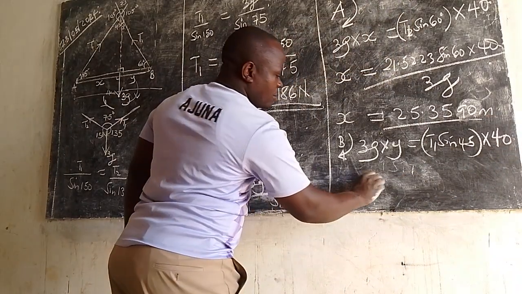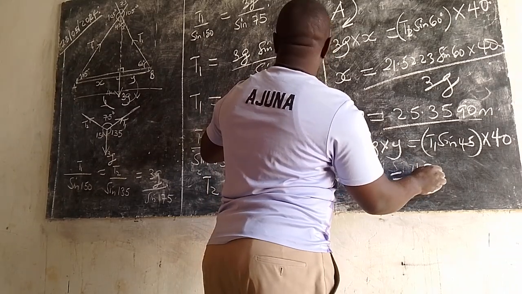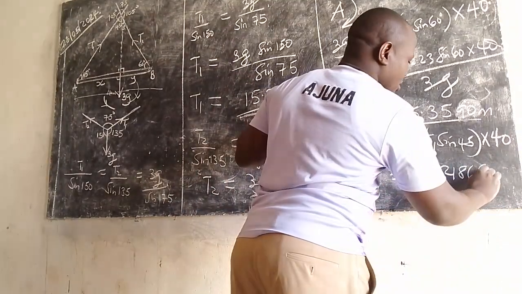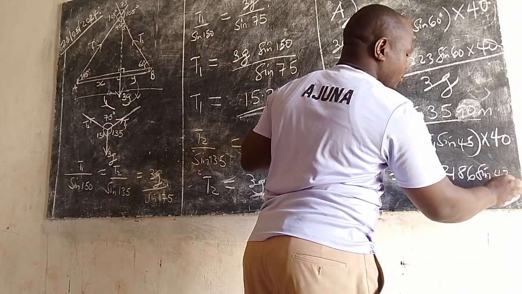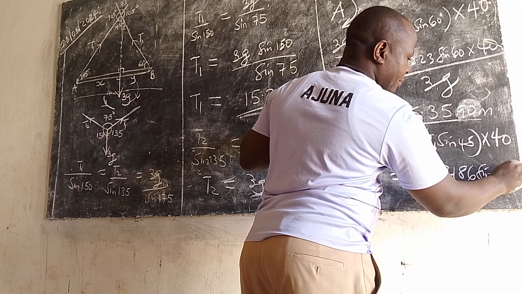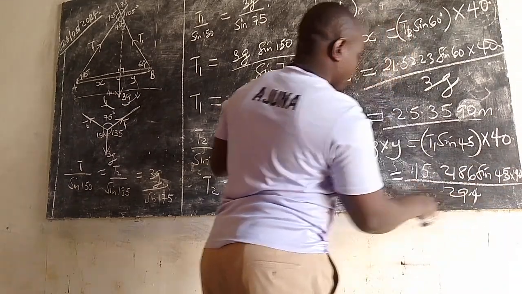Then y is T1, which is 15.2186, times sine 45, which is √2/2, times 40, over 3g, which is 29.4.